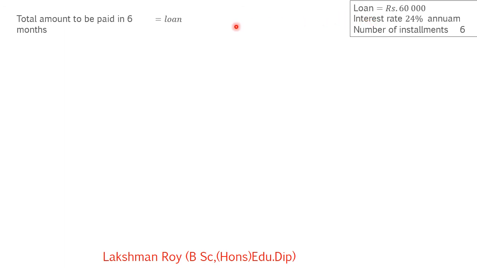For the loan you have to add the total interest, right? Our loan is 60,000 rupees. Our total interest is 4,200 rupees. If you add those two, you get 64,200 rupees, right? So that is the total amount we should pay with interest.